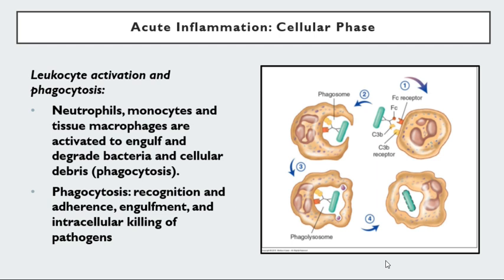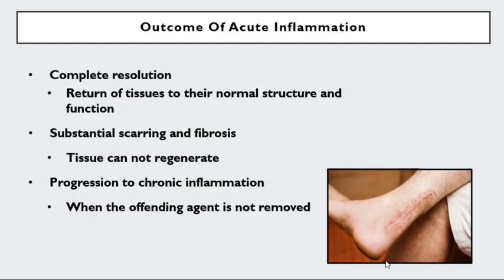So you activate your immune system. You have leukocytes that get recruited, the first being neutrophils, but monocytes will also be recruited from the bloodstream and go into the tissues and turn into macrophages. What's great about monocytes and macrophages is they're really good at phagocytosis, just like neutrophils are, and they can recognize stuff, engulf it, and kill whatever pathogens might be available.